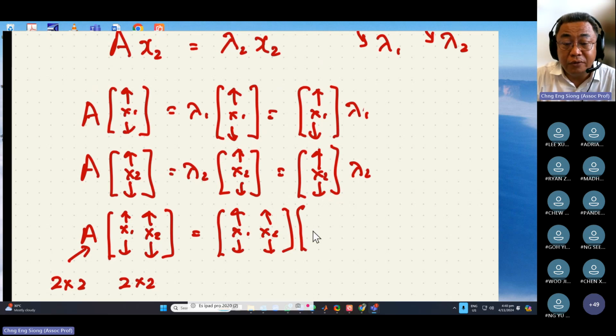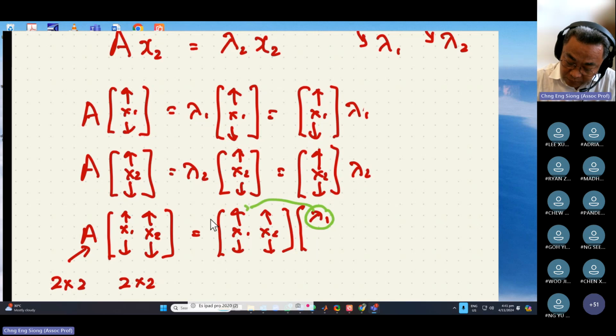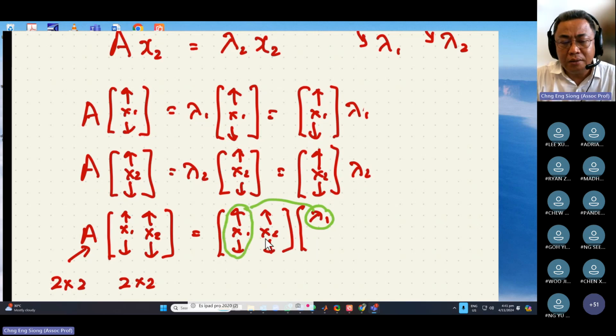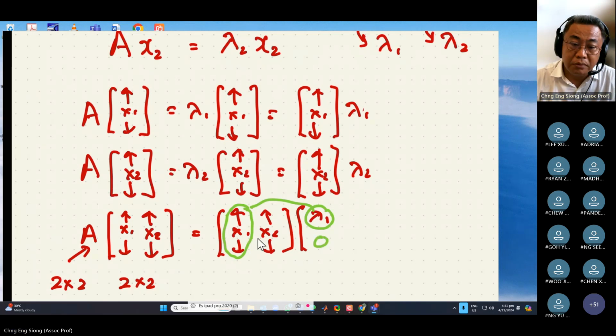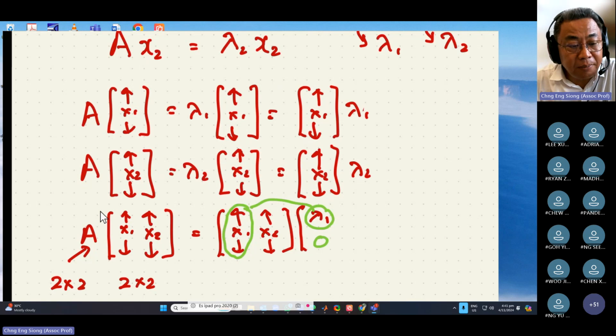If you observe carefully, A times x1 must be x1 times lambda 1. So lambda 1 is here. So lambda 1 is going to scale this column. Do I need to do anything with the second column? No. So I put 0. So I repeat. A times x1 should produce lambda 1 x1.